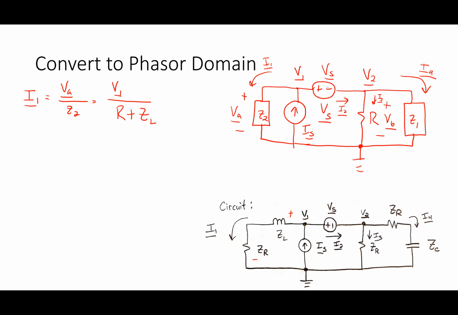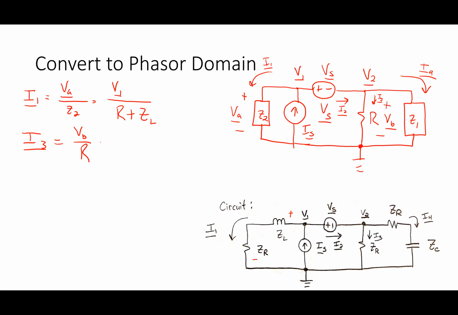All right, what about these guys? So I3, I can do. I write I3 in terms of the voltage across that resistor. I called that V sub B, and I'm just going to put that over R. I called it Z sub R down at the bottom and R at the top.